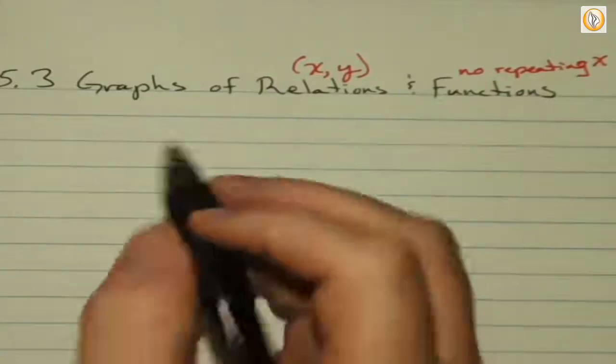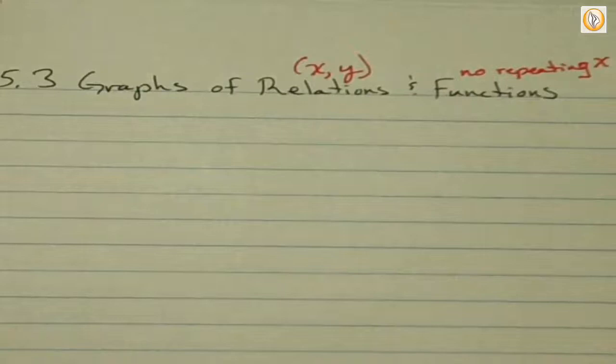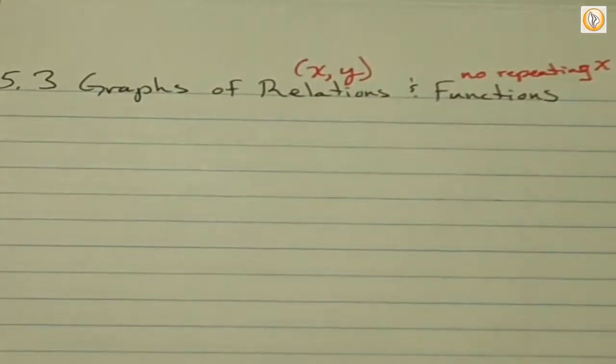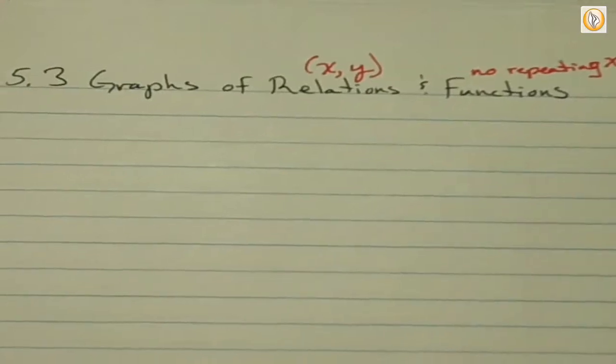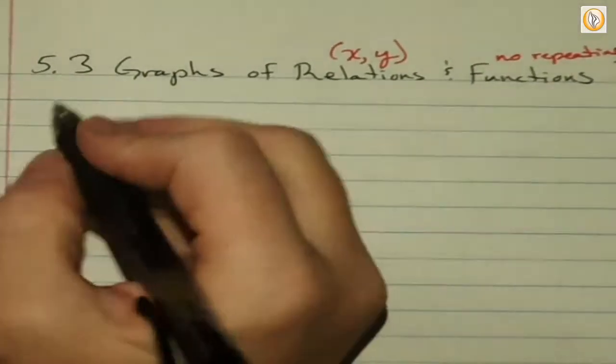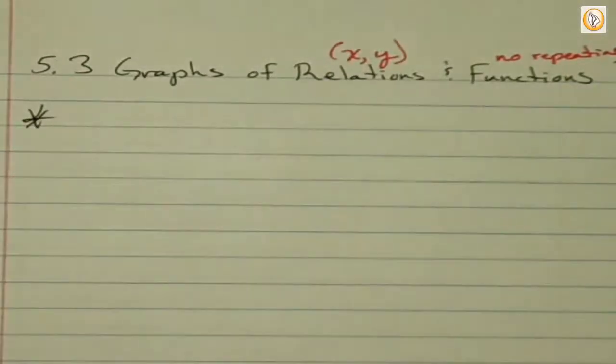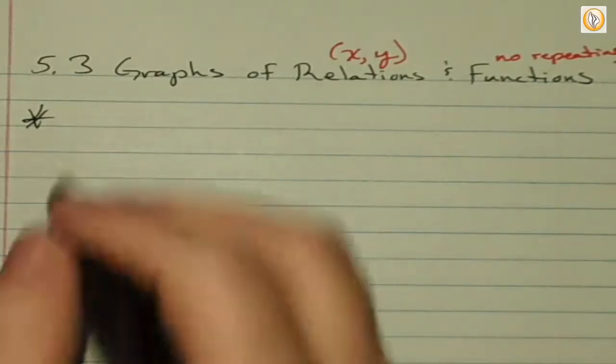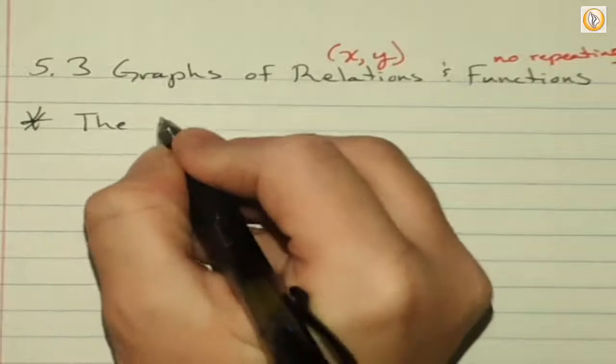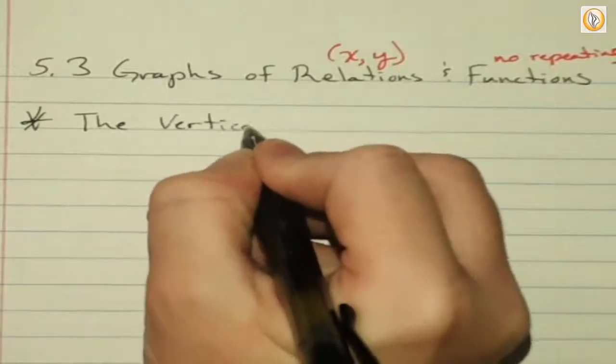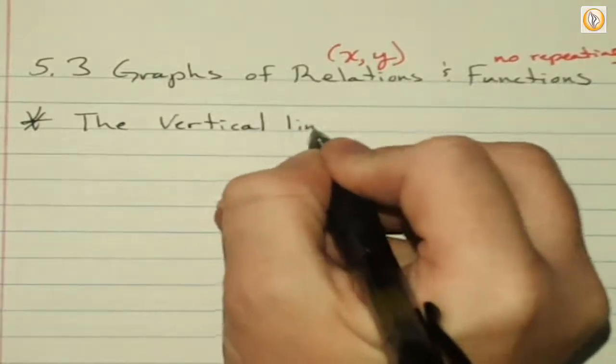All right. Today we're doing graphs of relations and functions. Yesterday y'all pretty much just looked at ordered pairs and stuff like that. Today it's going to be a little bit different. You're going to look at a graph and determine whether it's a function or not. One way of doing that is the vertical line test.